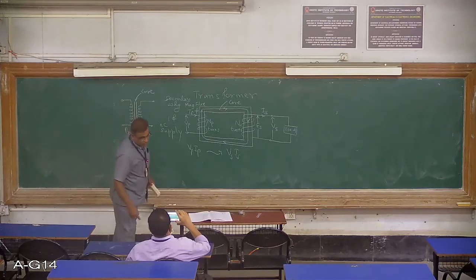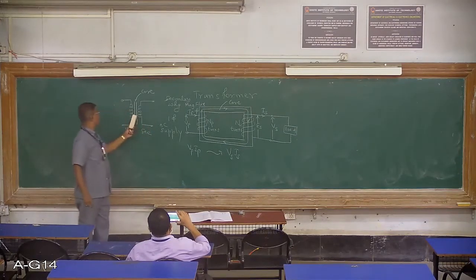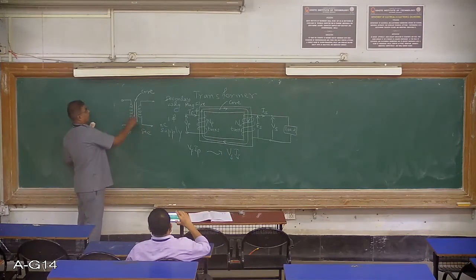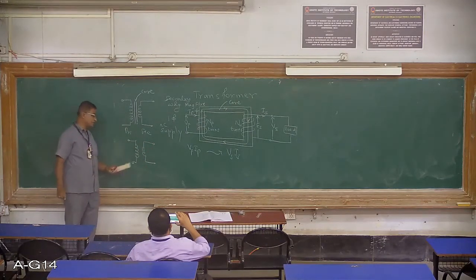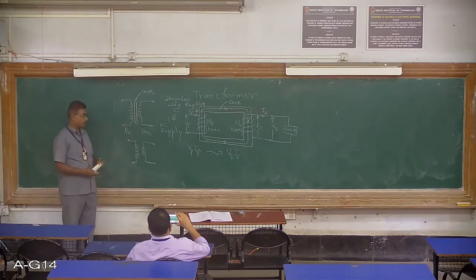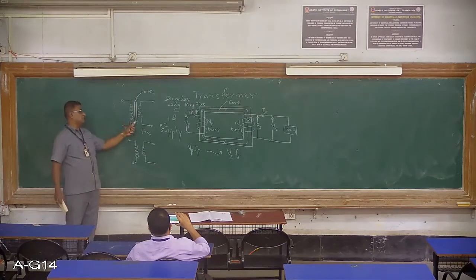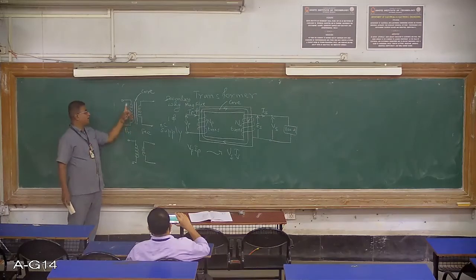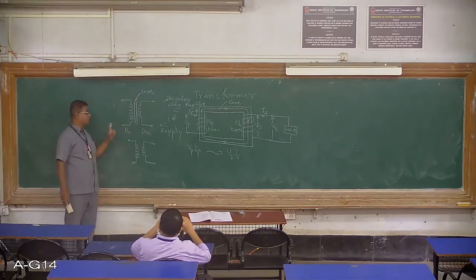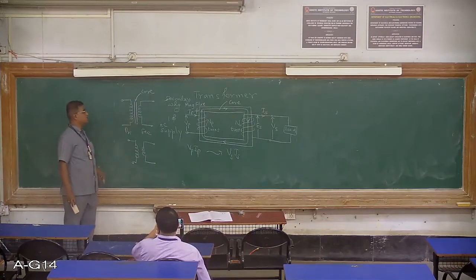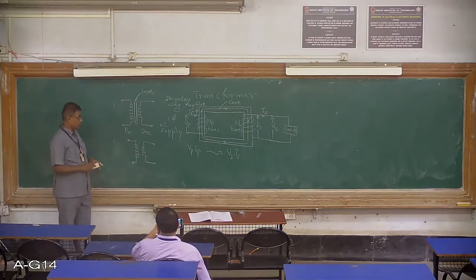If there is no core, then these lines are not shown. This is called an air core transformer. There is no iron core, only air core is present. In practice, transformers have an iron magnetic core, which works more efficiently. Okay? So this is a symbolic representation of a transformer.